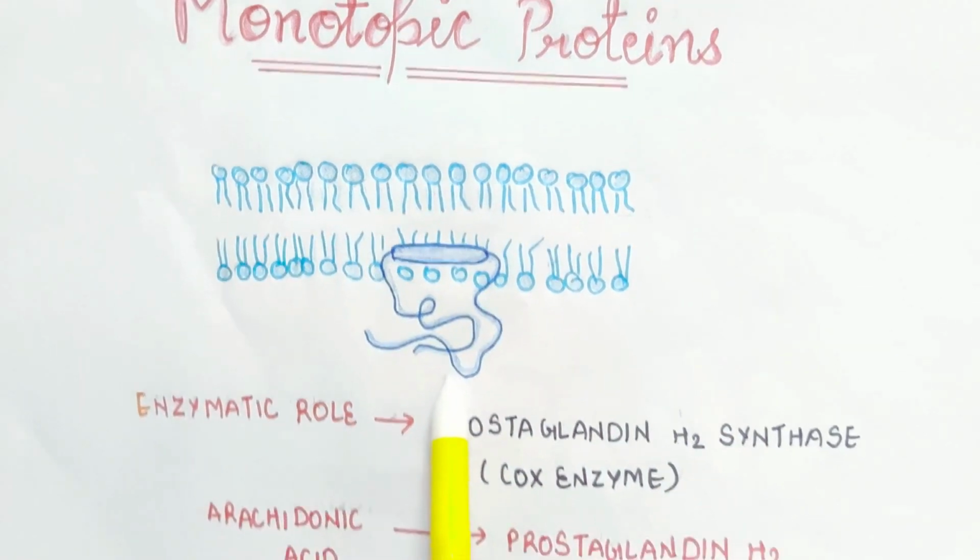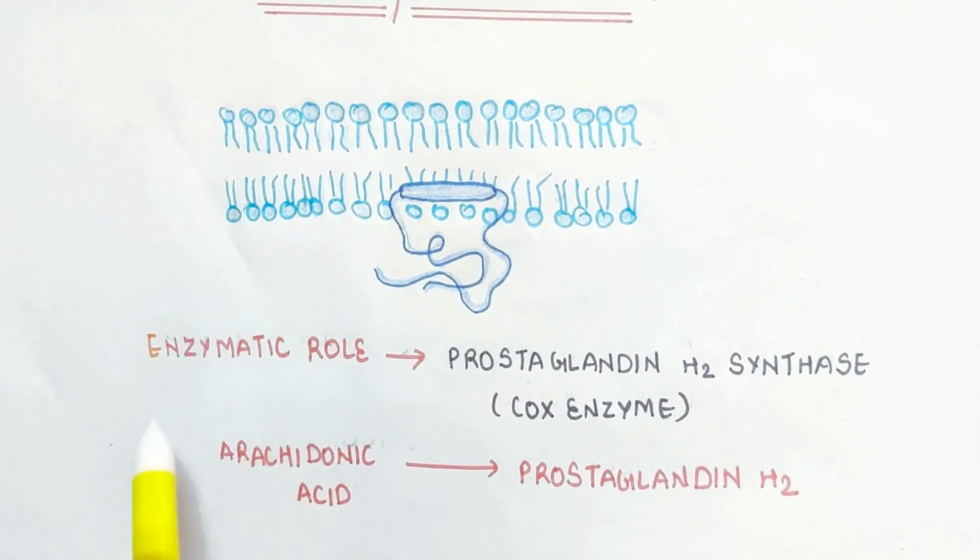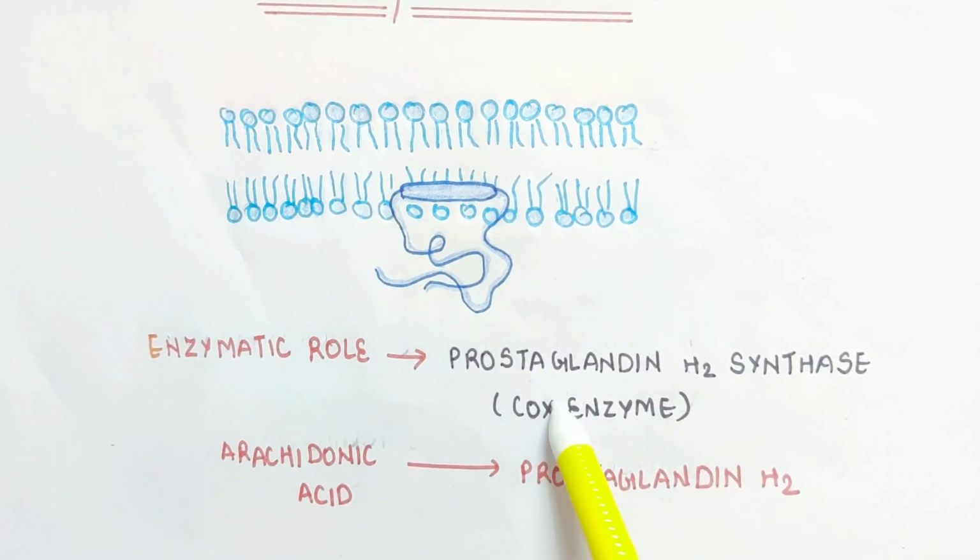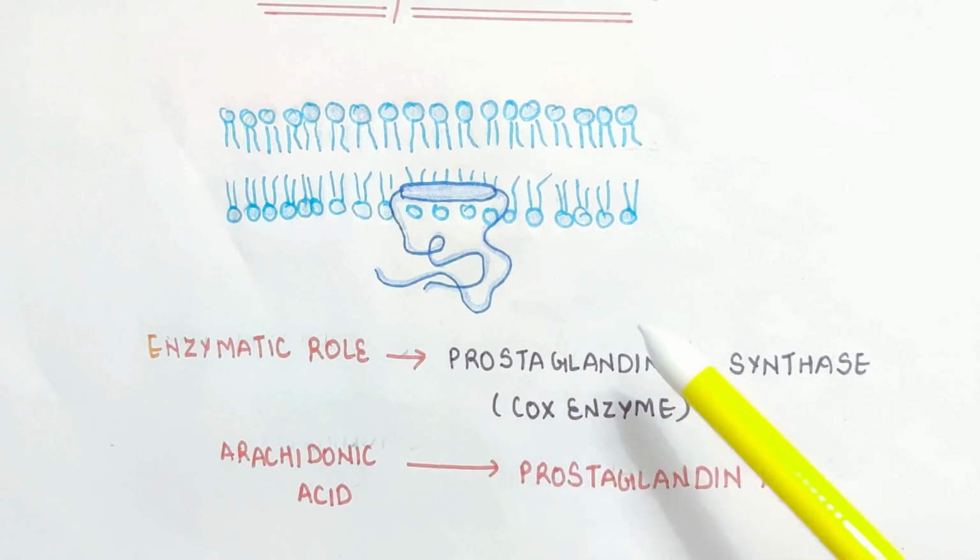Now, if you look at their functional role, these proteins basically have an enzymatic role. For example, prostaglandin H2 synthase, also called the COX enzyme. This enzyme is a monotopic protein found in the membrane of the endoplasmic reticulum, facing towards the cytosolic side.